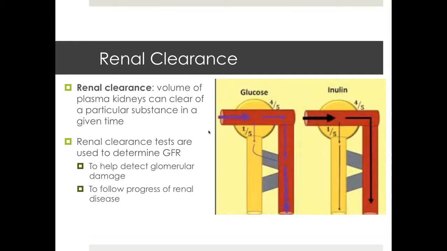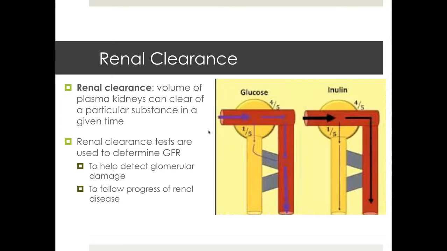We want our unwanted ions to be cleared from our blood, and we're checking that with this renal clearance test. What they're really used for is to determine the GFR. So we can use this to help detect glomerular damage or follow progress of renal disease. If we have reabsorption taking place, this decreases our renal clearance. If we're having a lot of secretion taking place, this increases our renal clearance.